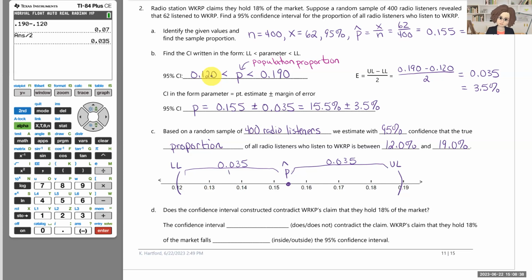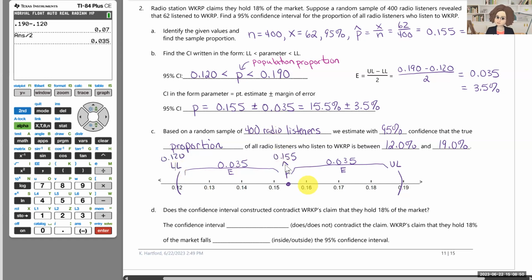All right, so that's your margin of error. There's your p hat. So if you subtract, you'll get to your lower limit. Take p hat and add your margin of error, you get to your upper limit. All right, so those are the pieces of a confidence interval.